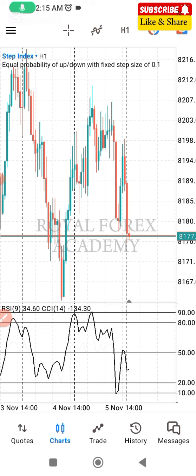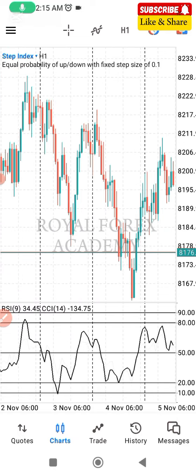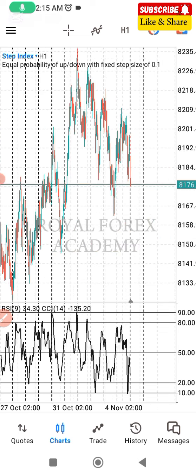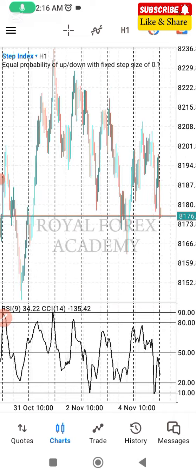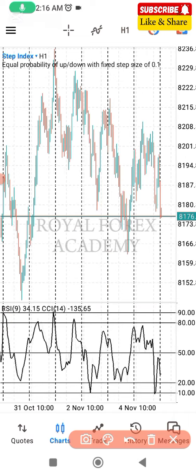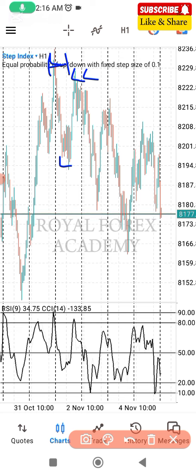So first thing I want you to do is always trade divergence in the direction of the trend. What I'm trying to say in essence is that, for example, if you look at the overall market structure on this H1 time frame, you will agree with me that this is a downtrend because price is making a high and a low, a lower high, a lower low, a lower high and a lower low, a lower high.